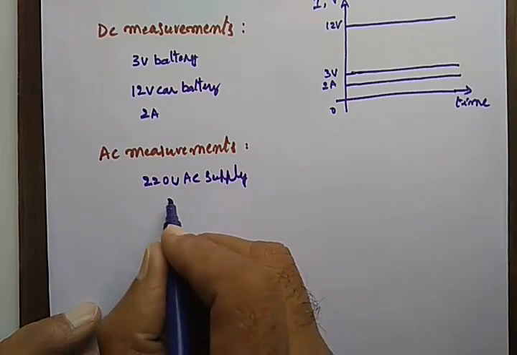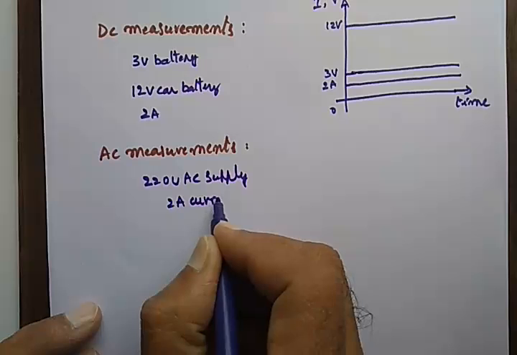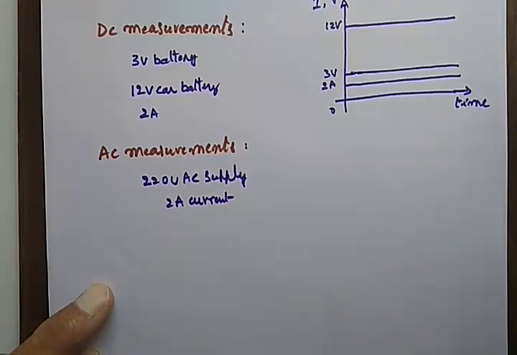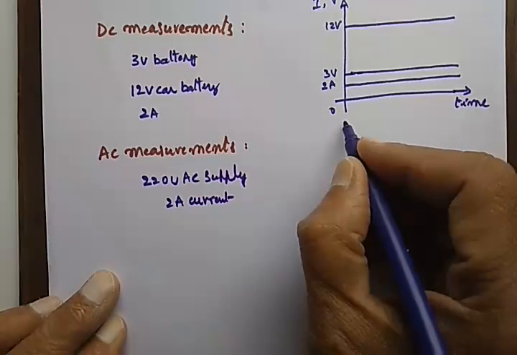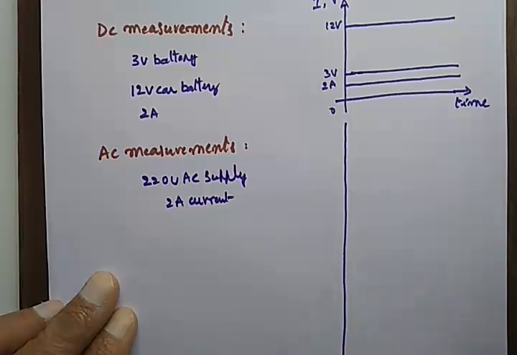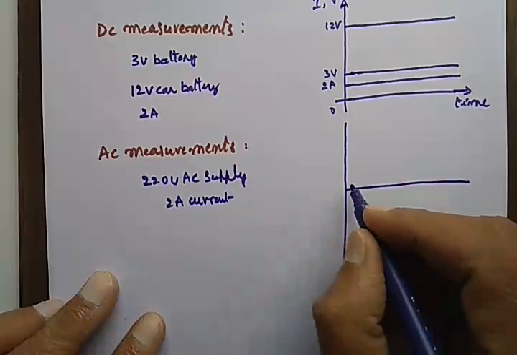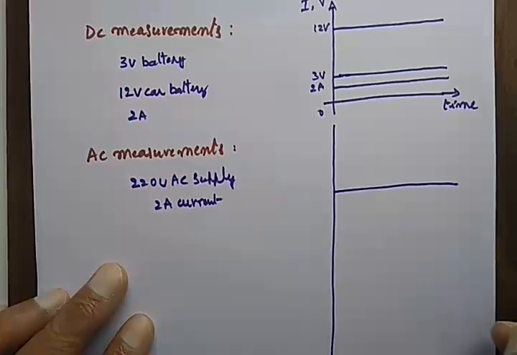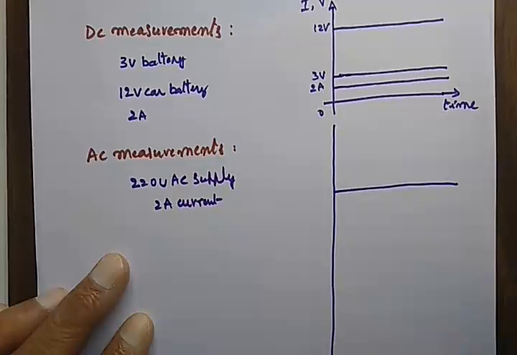Let us take 2 amperes current. How is this represented? All of us know that AC is a cyclic voltage or current, and 50 hertz means 50 times per second.